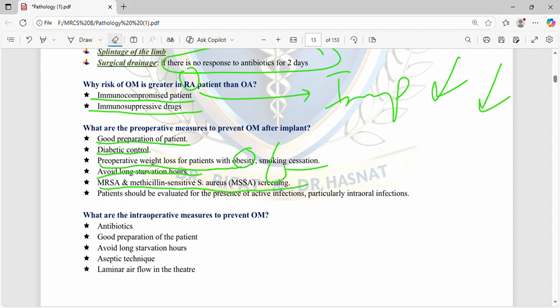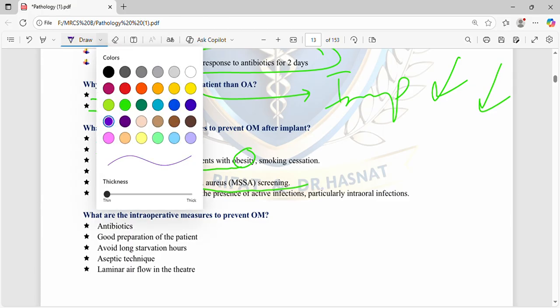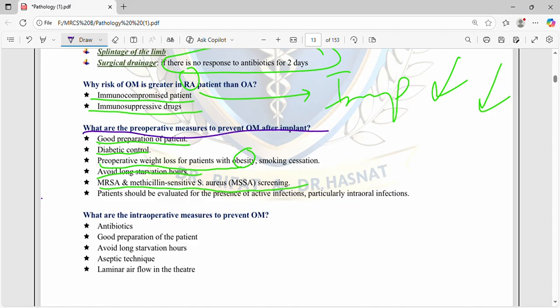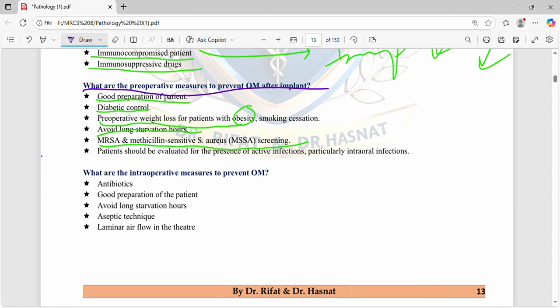First you have to screen them, and the patient should be evaluated for the presence of active infection, particularly intraoral infections.